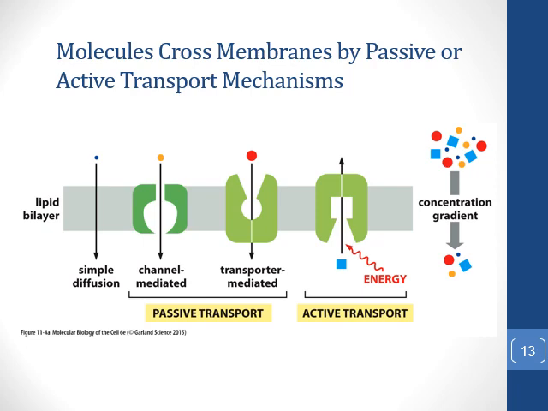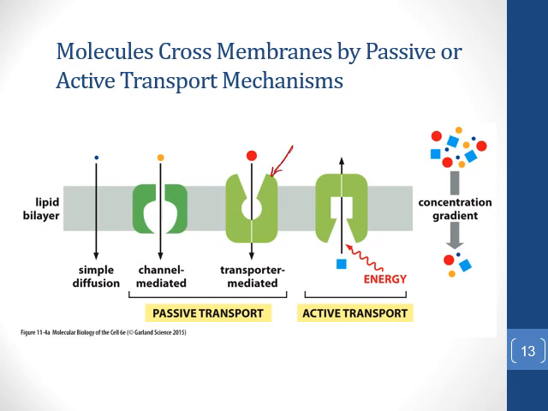Now, what we're going to do next is begin to look at some of these transporters and the way they work. We're going to look at passive transport first, and we're going to start out by looking at what your textbook calls transporter mediated.